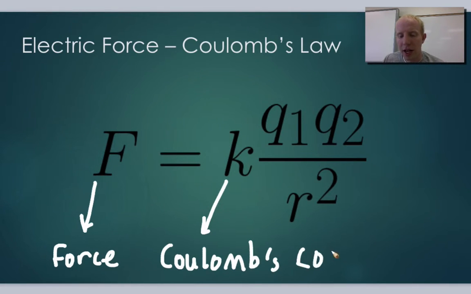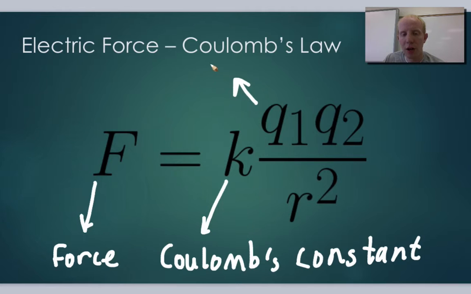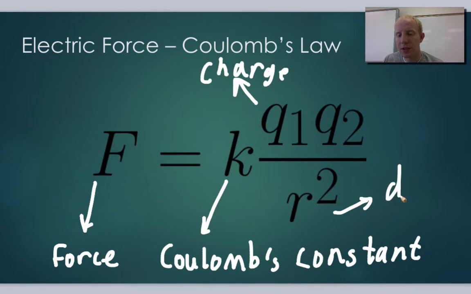It's K times Q, which means charge, so the charge of object 1 times the charge of object 2, all over R squared, or the distance squared. There's our equation.